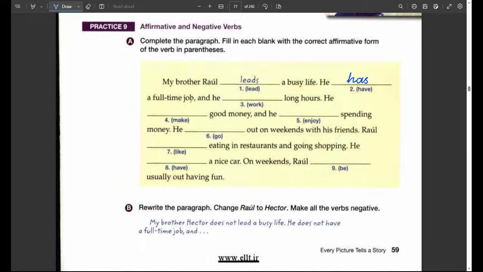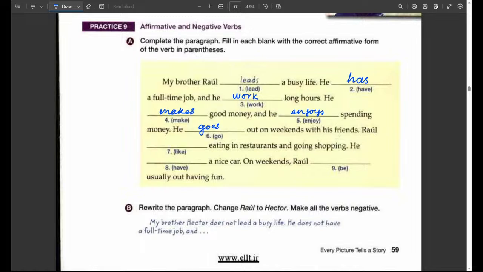A full-time job, and he works long hours. He makes good money, and he enjoys spending money. He goes out on weekends with his friends.